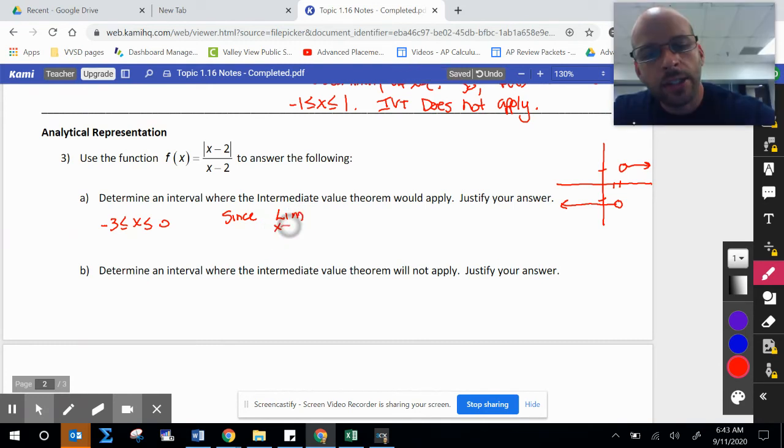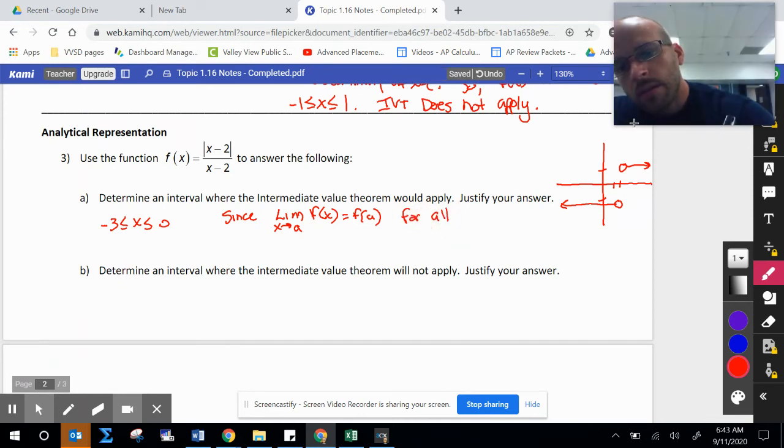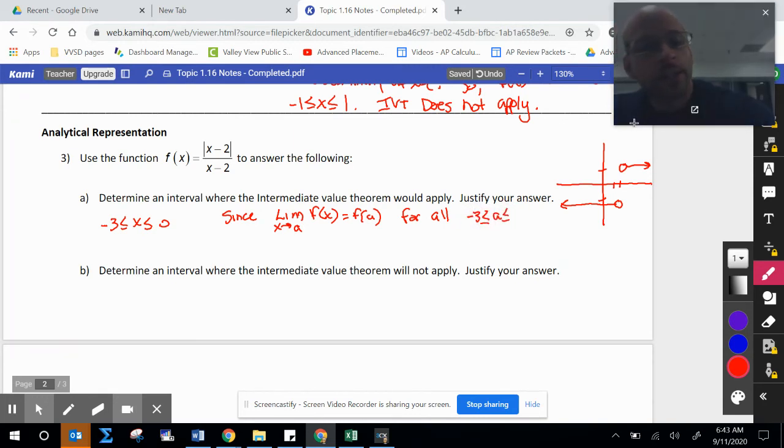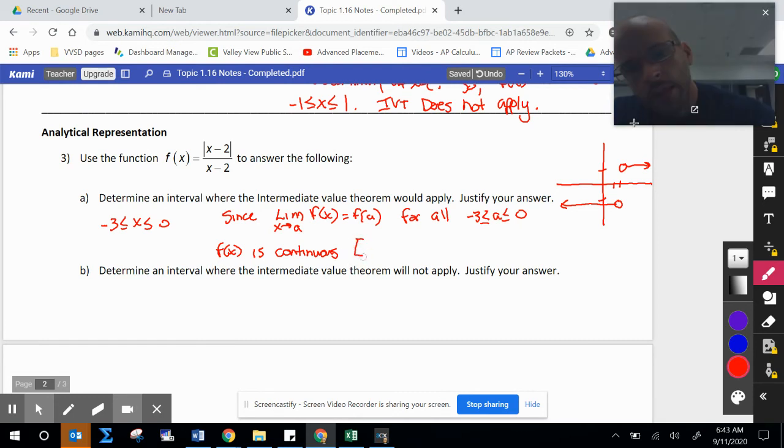Since the limit as x approaches a of f of x equals f of a for all a, with -3 less than or equal to a less than or equal to 0, so for all a values between -3 and 0, we can say that f of x is continuous over the interval of -3 to 0.